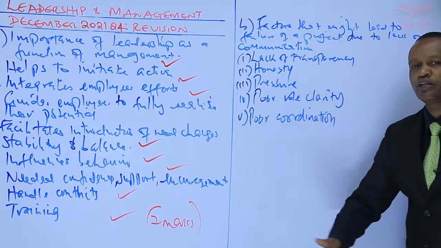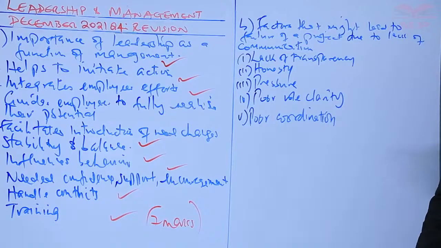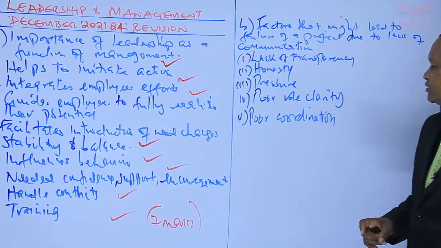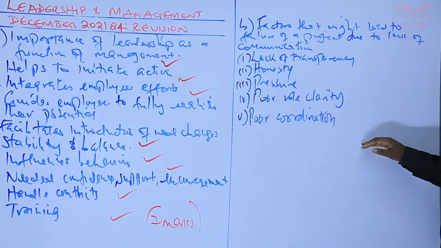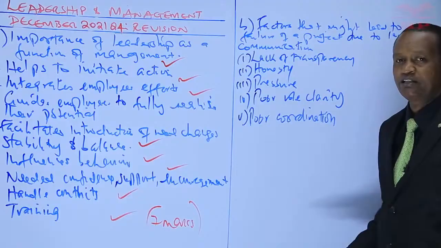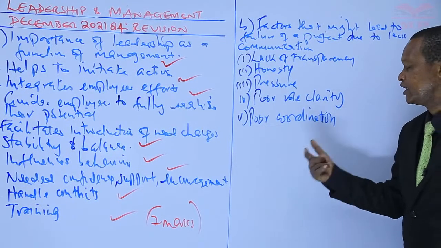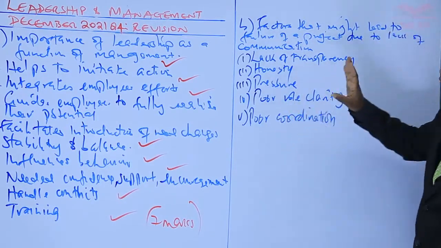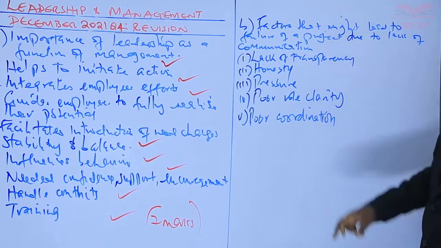And it is a continuous managerial responsibility to keep the team functional and organized. So the leader, the project manager, has to ensure that there is proper coordination by communicating the responsibilities and the kind of duties that are required by everyone who is involved in the execution of the project.